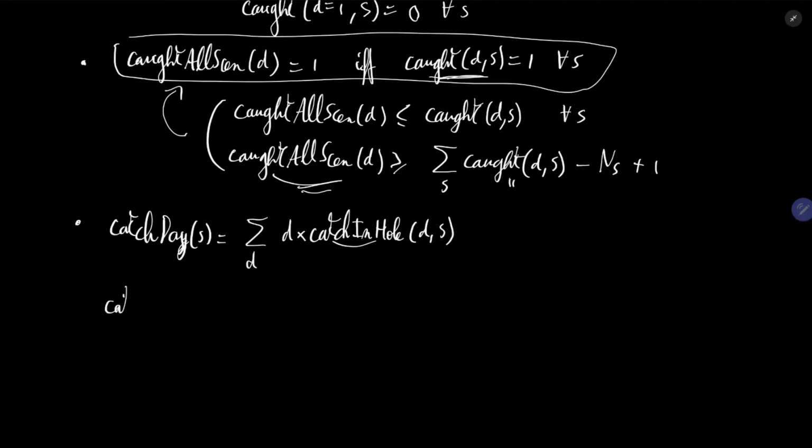Another equation that we should write is that for any given scenario, we want to catch the fox at least once. So one way to ensure that is to make sure that this catch day variable is greater than 1. This ensures that at least one of the catch in the hole variable in a given day will be equal to 1.